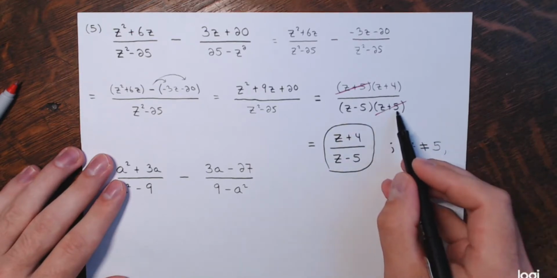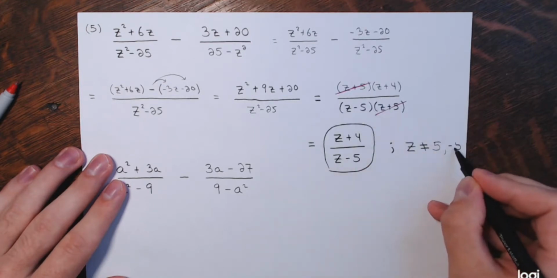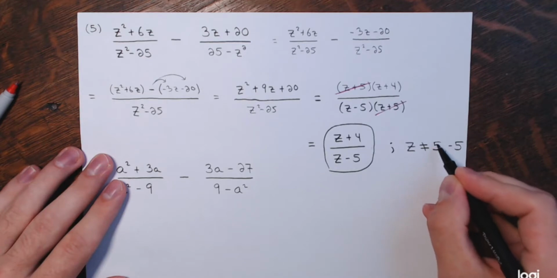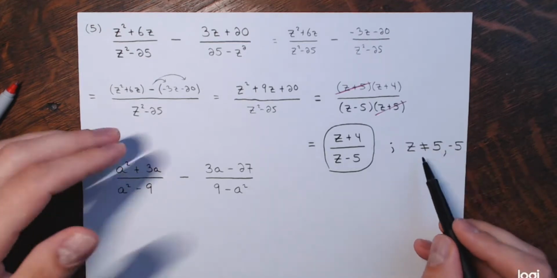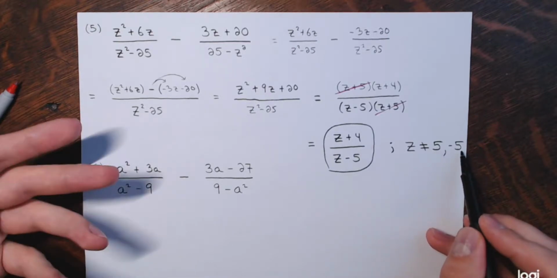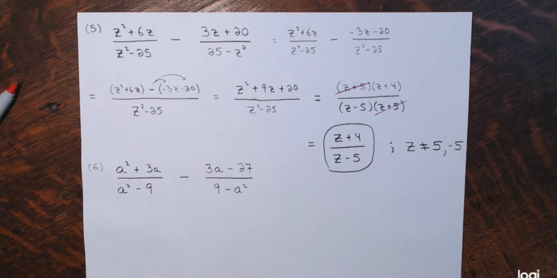And z plus 5 was also in the denominator right before I canceled, so z can't be negative 5 either. So z cannot be 5 or negative 5, because if z were 5 or negative 5, you'd have denominators of 0 throughout this problem. And you can't have a denominator of 0, right? Can't divide by 0, that's undefined.